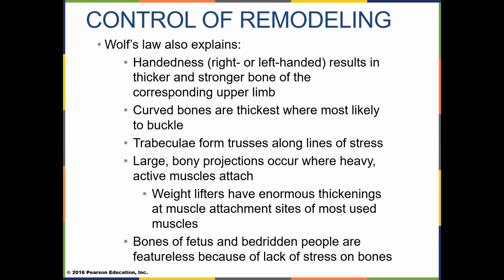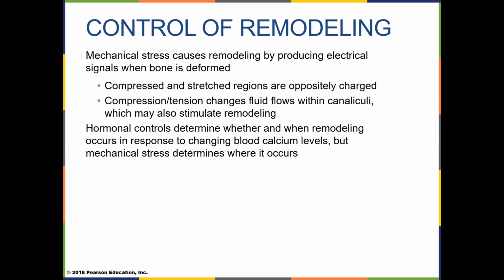The upper limbs of the dominant hand are going to become thicker and stronger because we use it all the time. So we see our muscles get bigger when we have greater demands. We see them get smaller when we have fewer demands. This is Wolff's Law, all in all.